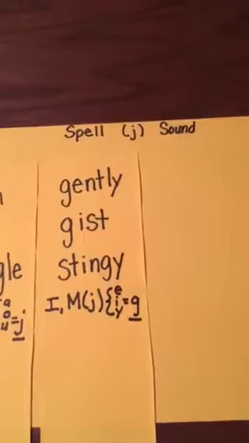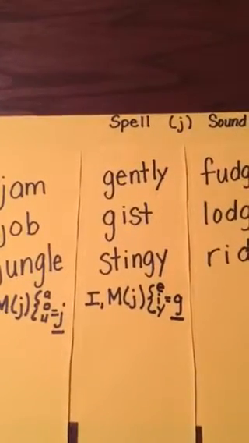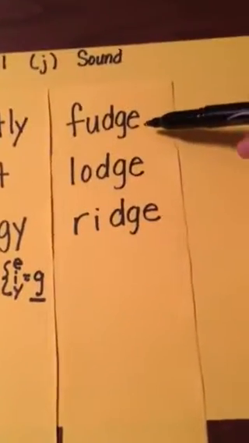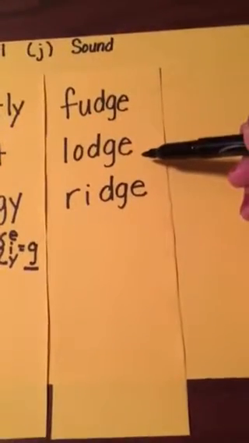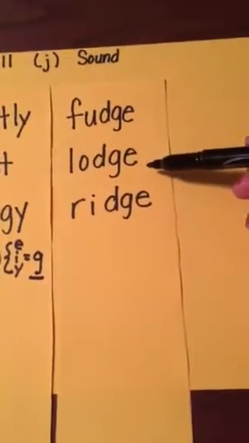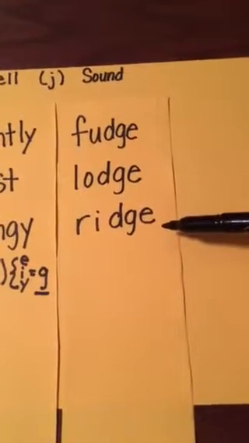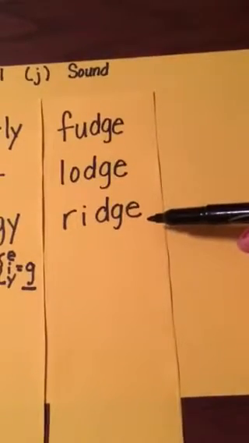Let's look at some more words. F-U-D-G-E, fudge. L-O-D-G-E, lodge. R-I-D-G-E, ridge. This time, where are we hearing the J sound?